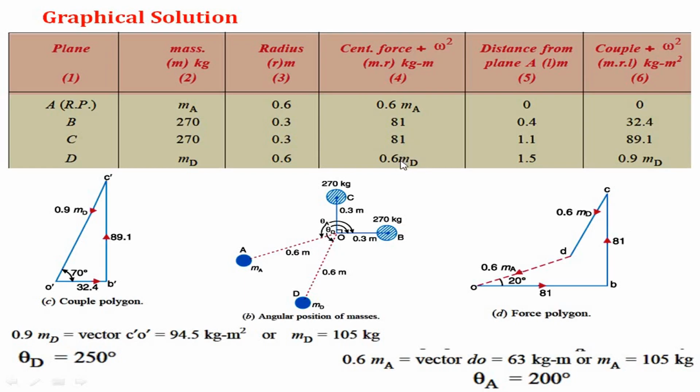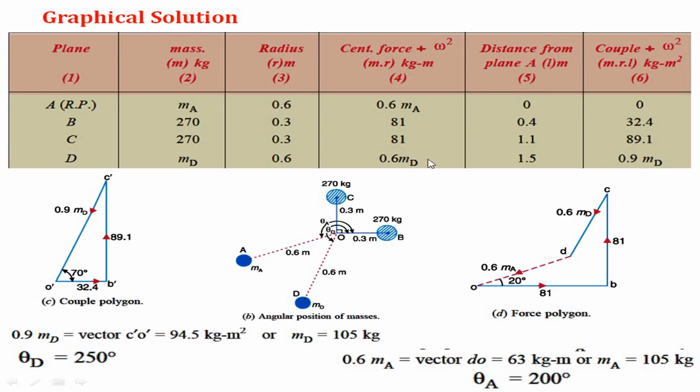So we will have three known terms over here and one unknown term. So the polygon which we are going to get for centrifugal force, that is the force polygon, is having four sides, right, in which the known values 81 can be represented over here, 81 can be represented over here, and 0.6 MD will be represented over here, which is parallel to this one. Fine.